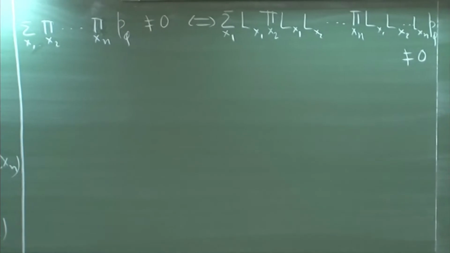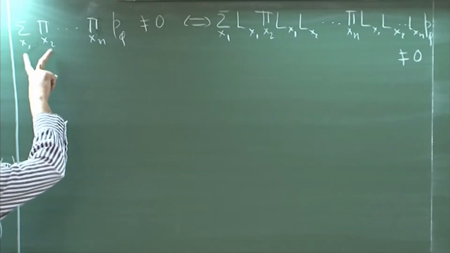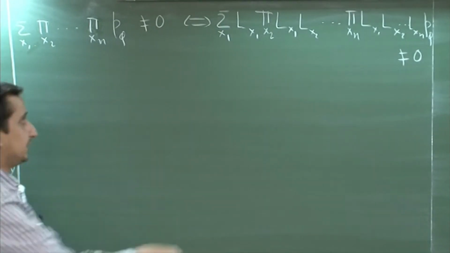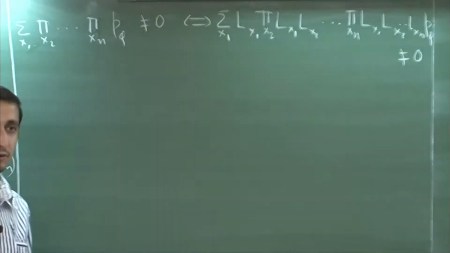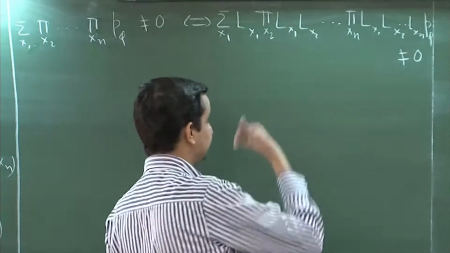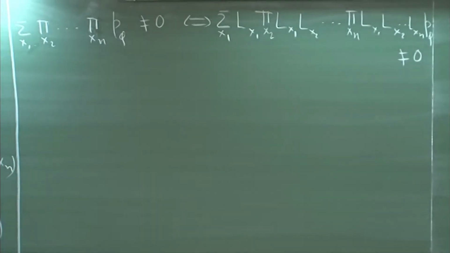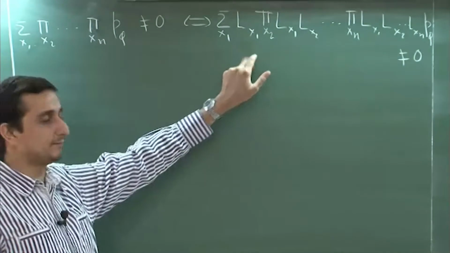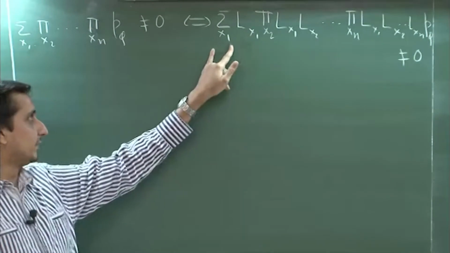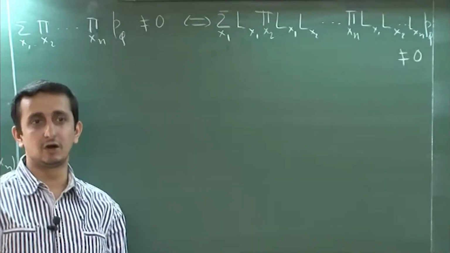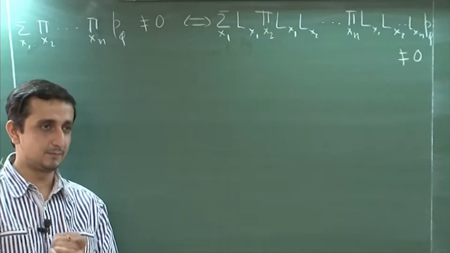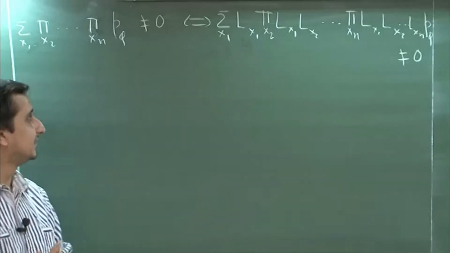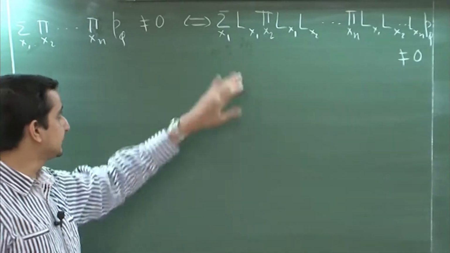So, basically what we do is that we intersperse these operators with the appropriate linearization operators. Actually for the summation this is not required, it is kind of redundant because we observed last time that summation does not increase the degree of the polynomial, but we will just keep it for the sake of completeness.